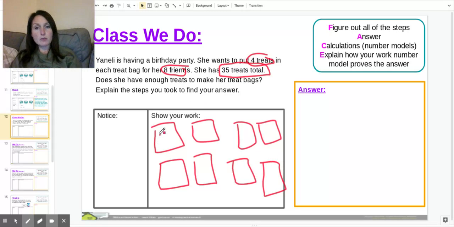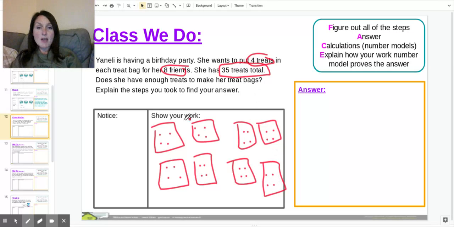So if I do 1, 2, 3, 4, 5, 6, 7, 8, 9, 10, 11, 12, 13, 14, 15, 16, 17, 18, 19, 20, 21, 22, 23, 24, 25, 26, 27, 28, 29, 30, 31, 32.